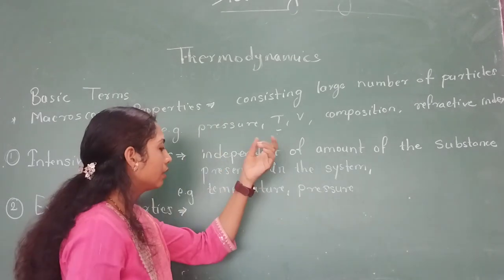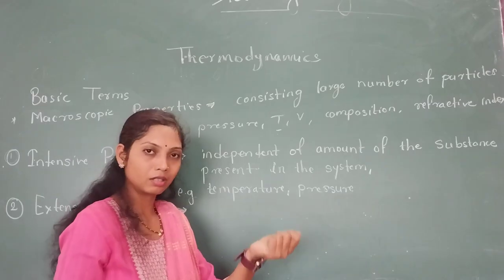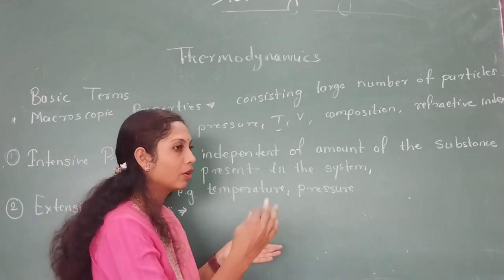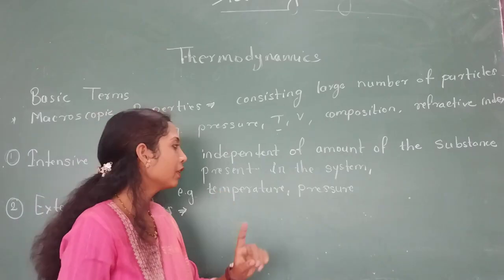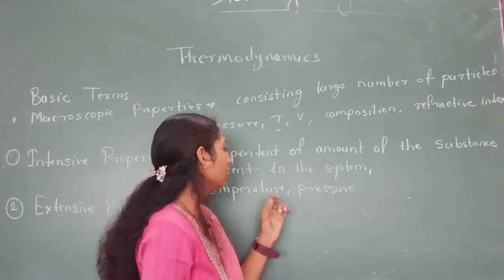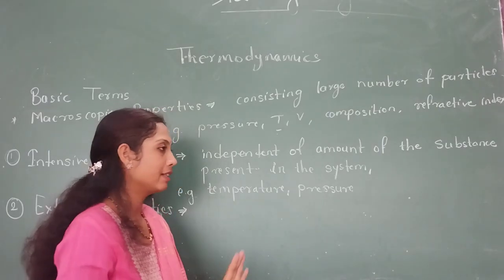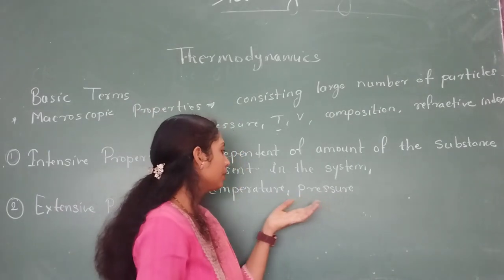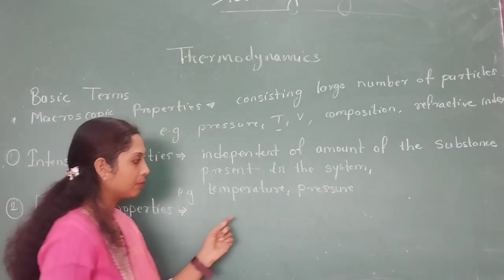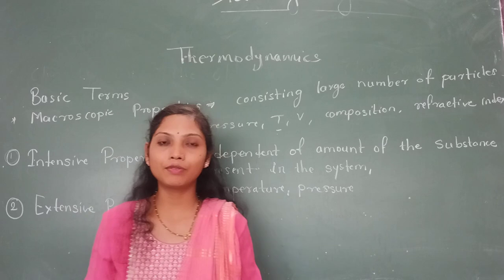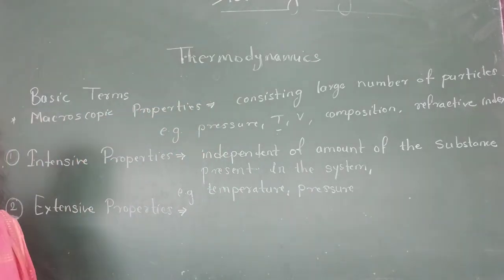Not possible. If 1 gram substance requires 1 degree to heat or evaporate, then for 10 grams the amount, 1 degree is required, not 10 degrees. So temperature is not dependent upon the amount of the substance. For example, temperature, pressure, viscosity, refractive index. These are all the examples of intensive properties.